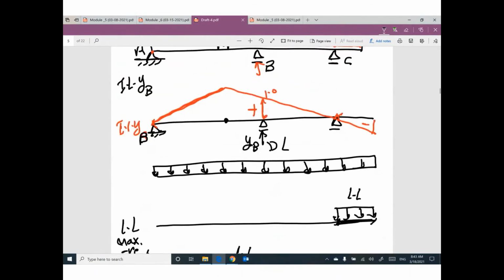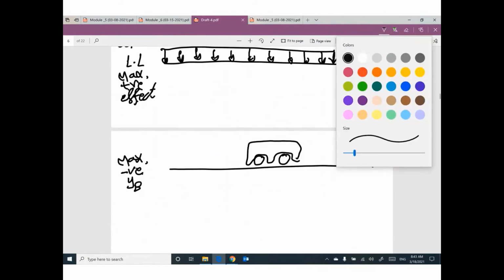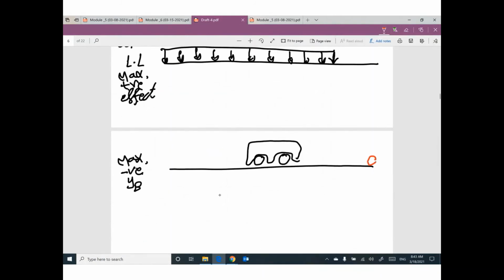Yeah, I think if I put the truck at this end of the bridge, not here, I believe this position will give me maximum negative effect on YB.